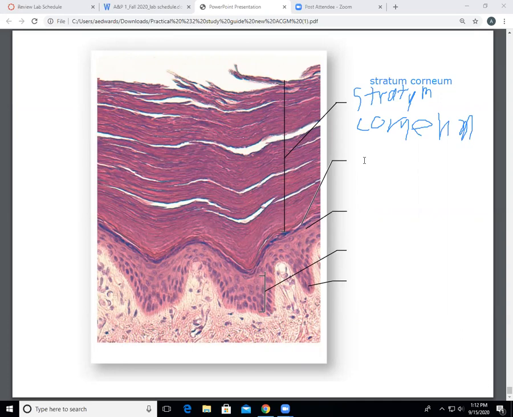So then what's this one? The little white area, stratum lucidum. All right, what about just underneath it? Stratum granulosum.